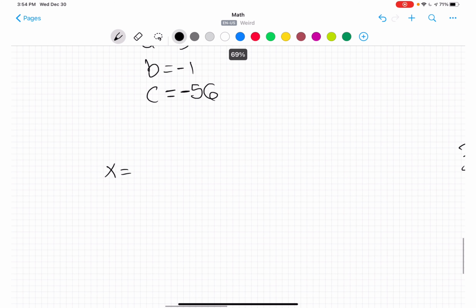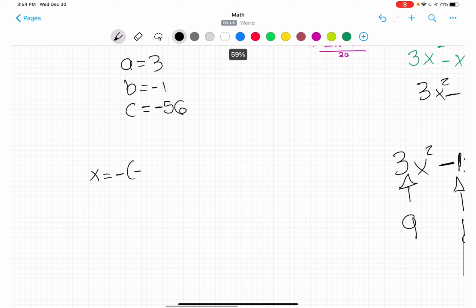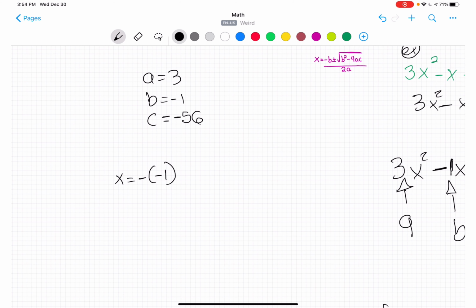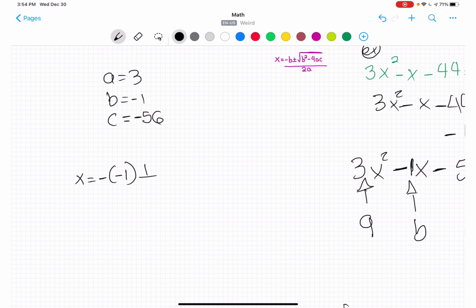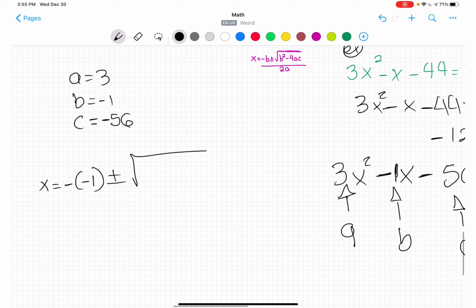The negative is part of the equation, so it's a negative b, and then we input the value of b, which is negative 1, plus or minus the square root of b again, so it's negative 1, but this time the b is squared, minus 4. The 4 is part of the formula. You always have to have the 4.